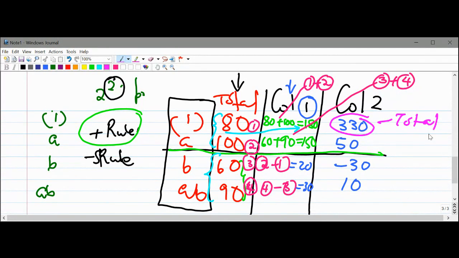What was the contrast of A? 50. And for B, the contrast was negative 30. What is the contrast of AB? 10.